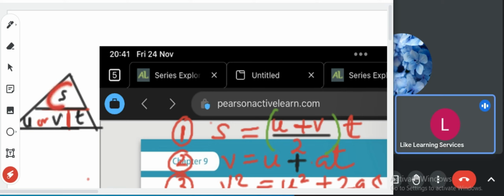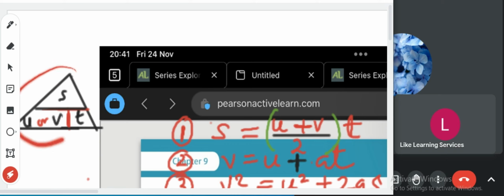And so distance is equal to what? From this formula triangle, if you can see what I'm circling. Go ahead and tell me what distance S should be from this formula triangle. Speed times time. Okay, speed times time.